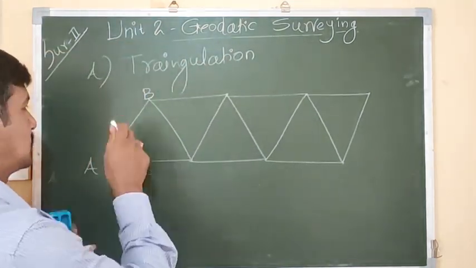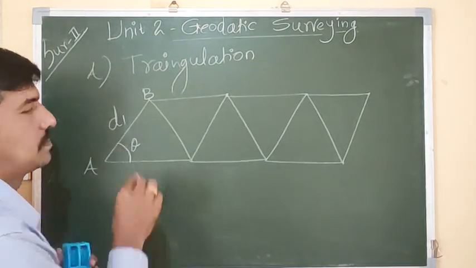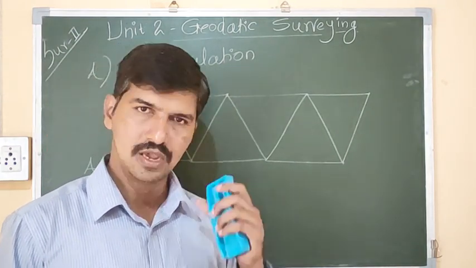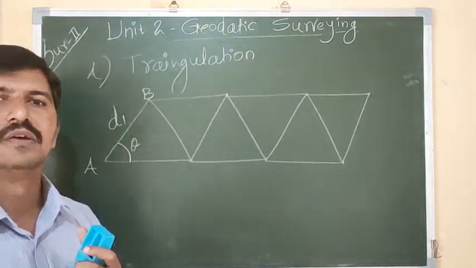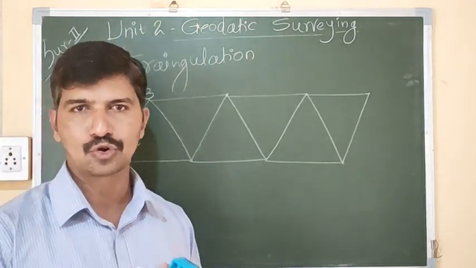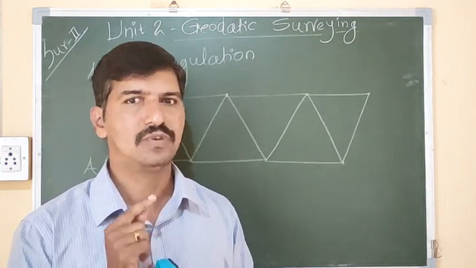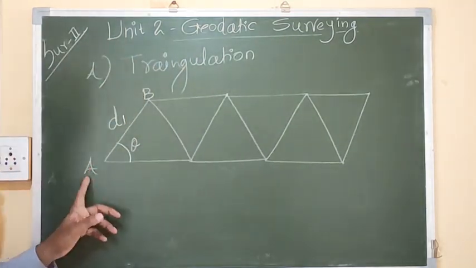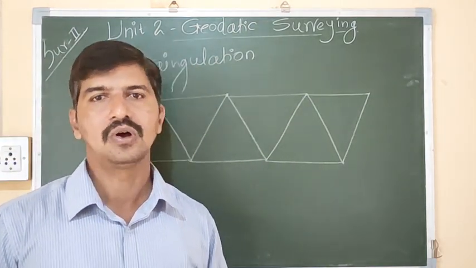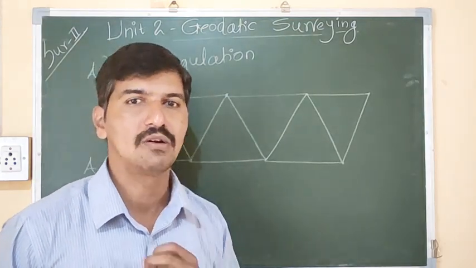To measure the angle, we will be using either a total station or an electronic theodolite with 1 second accuracy, and AB is measured by some laser or digital instruments. So there is very little possibility of error.